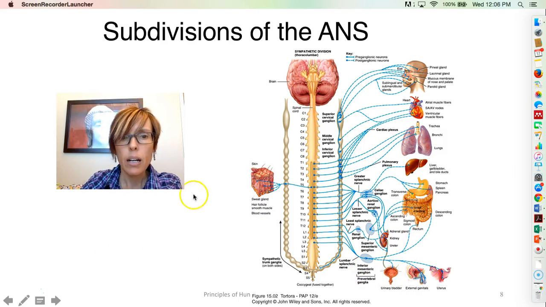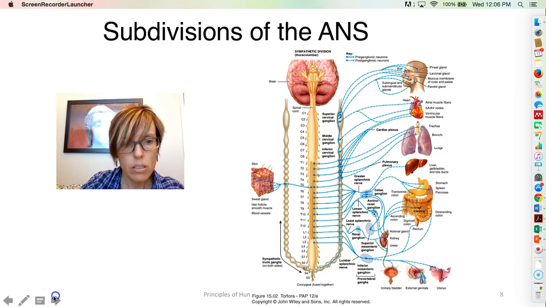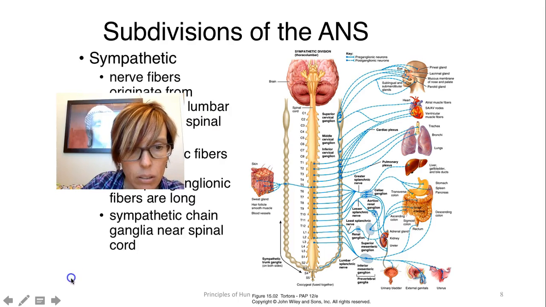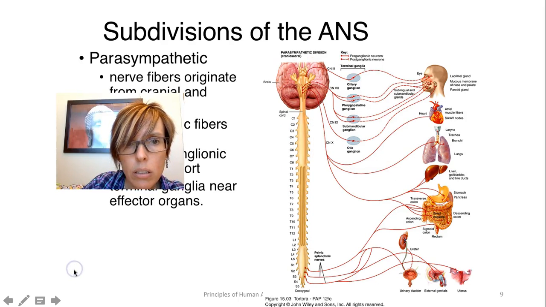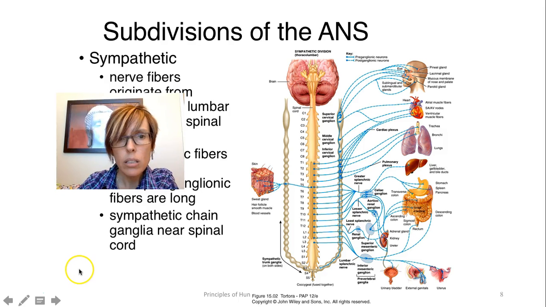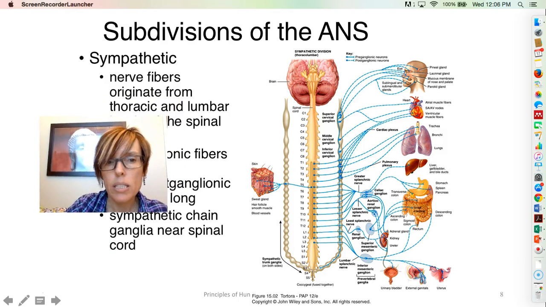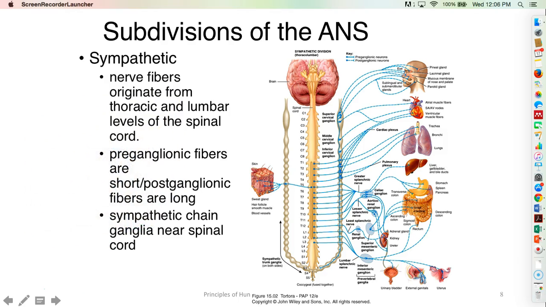Okay. The parasympathetic, let's see if I can get this to advance. I don't know why I'm having trouble here. Yeah. So you can see here, nerve fibers are going to originate in the thoracic and lumbar levels.